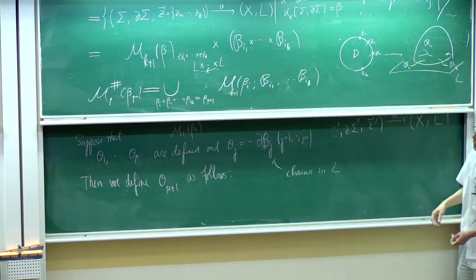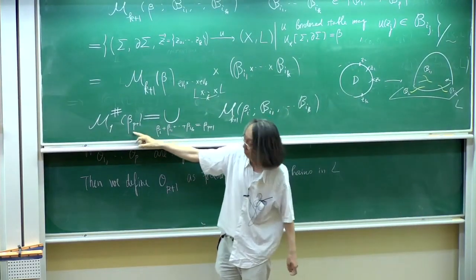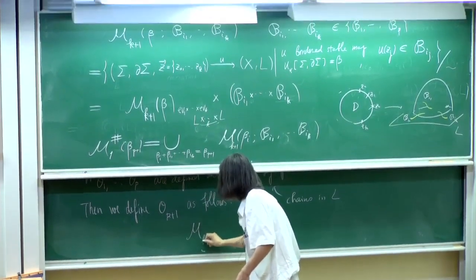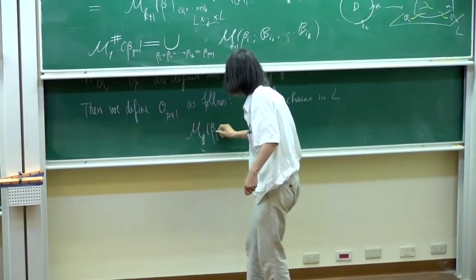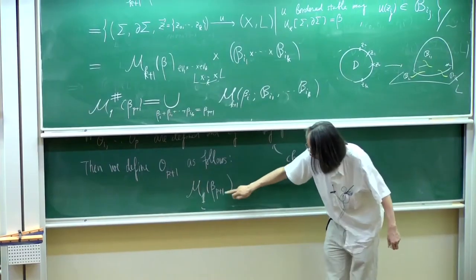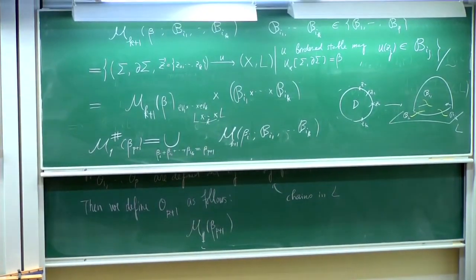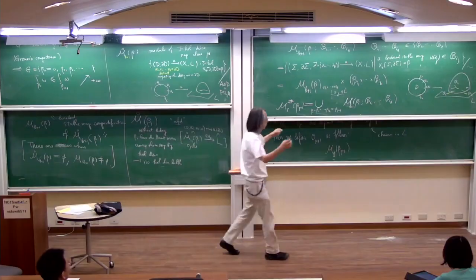So does it make sense? I consider this beta_{P+1} because I want to consider M_1 of this beta_{P+1}. But because this class is no longer the class of least area, there may be some bubbling. If you have bubbling, it contributes to the boundary.